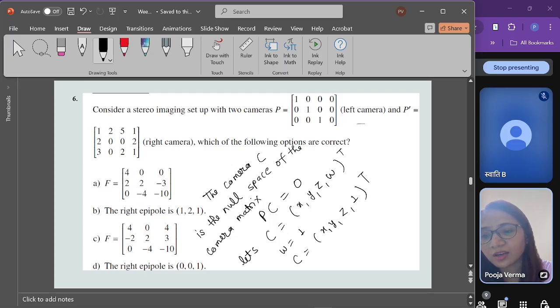Here nothing is given, so we can take this homogeneous form for the camera center. Now first we have to find the camera center to calculate the epipoles or fundamental matrix. Already P is given, so we have to make PC equal to 0.